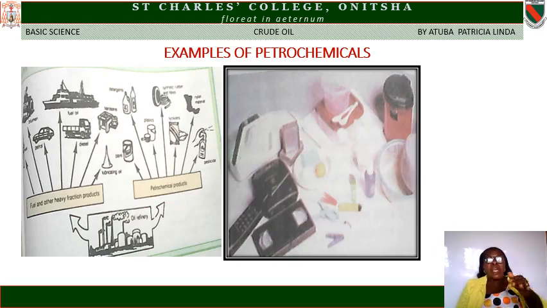They were broken down further to get the petrochemicals. While the other ones you see on your right are still examples of petrochemicals, like bags, videotape, remote, cup, plastic spoon, plastic jug, plates, etc.